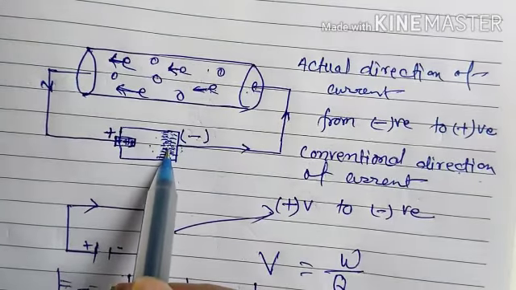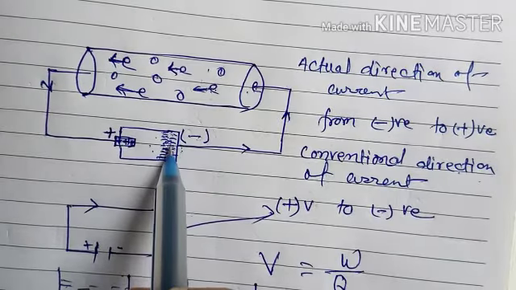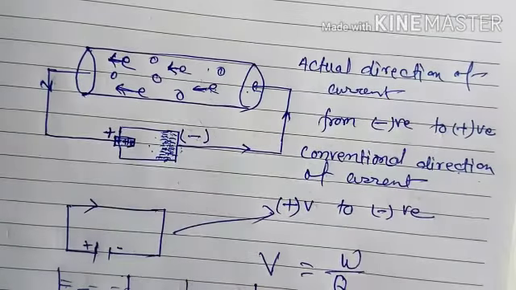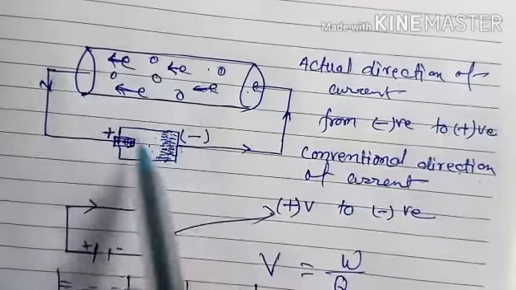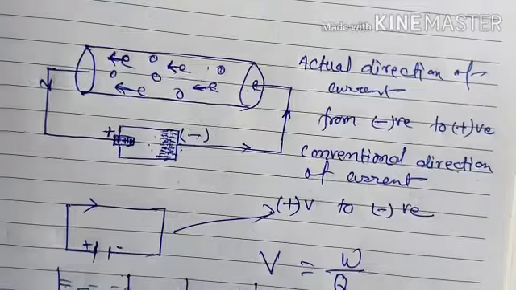The concentration of electrons is much higher here, so they start moving toward the lower concentration, and this flow of electrons is known as electric current.